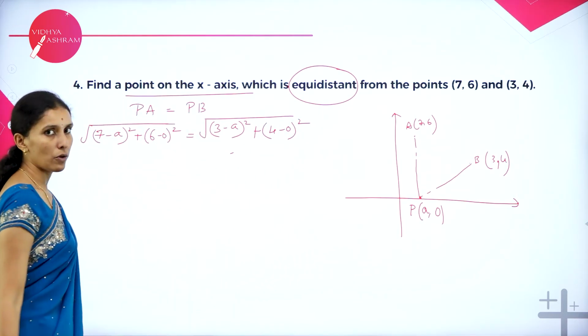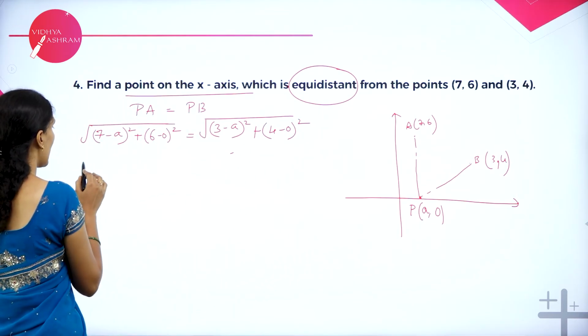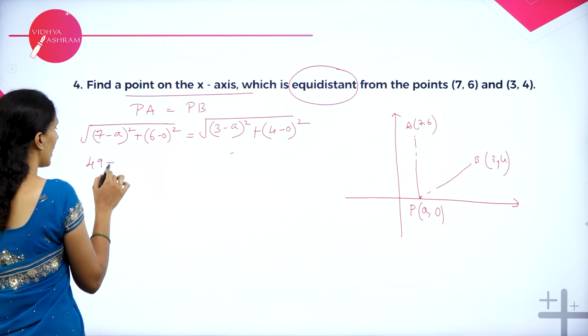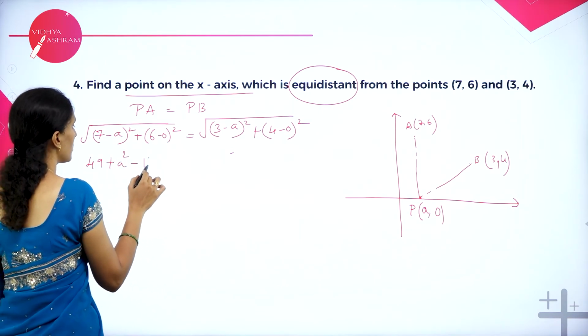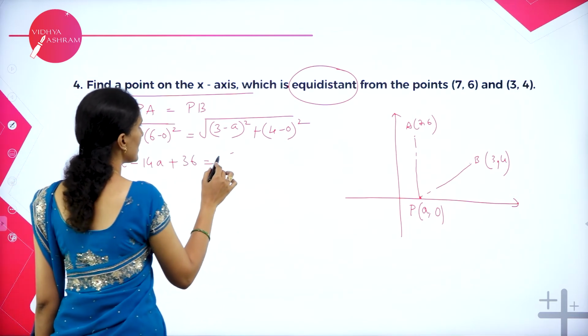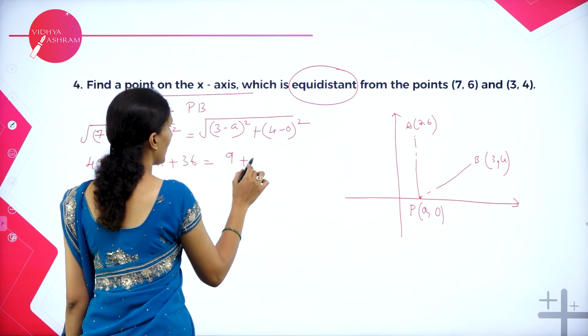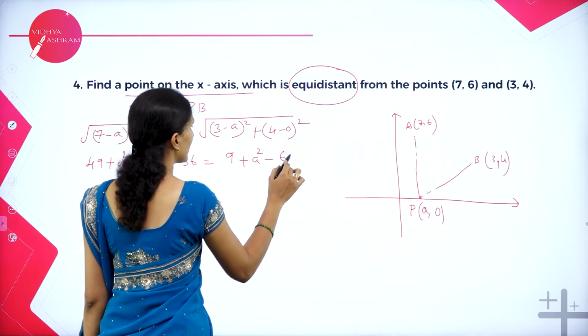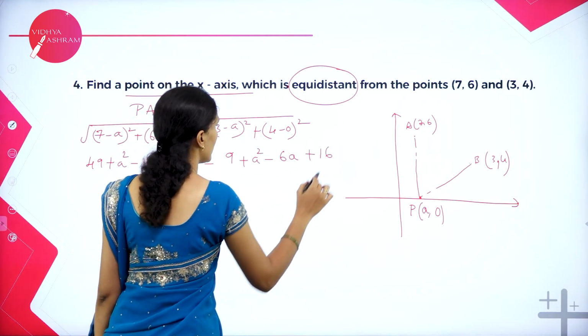Removing square roots on both sides and expanding, I will get 49 plus a square minus 14a plus 36, and on the other side 9 plus a square minus 6a plus 16.